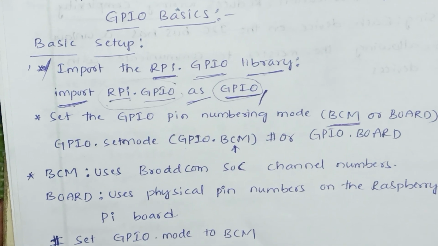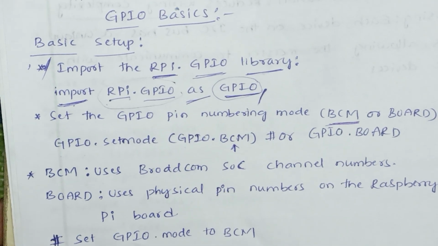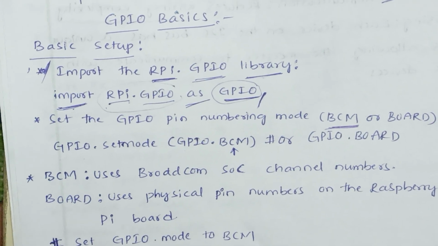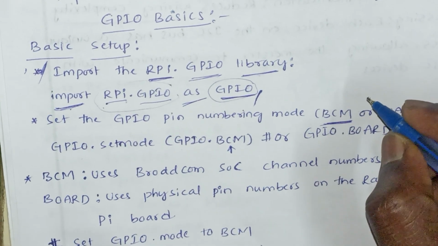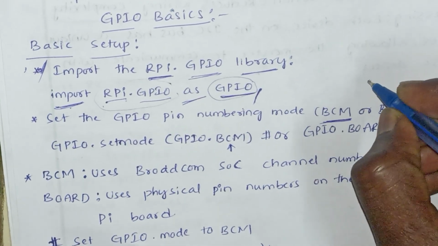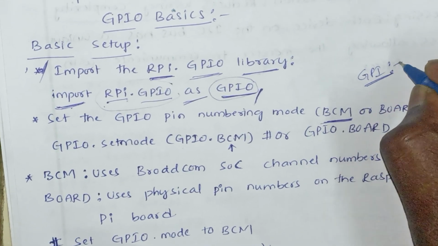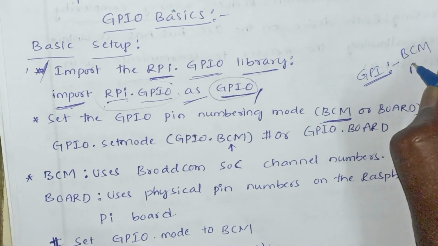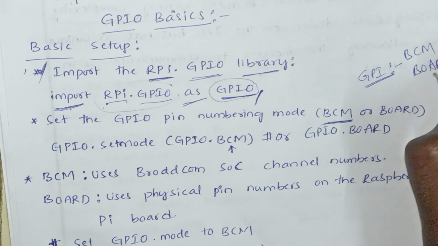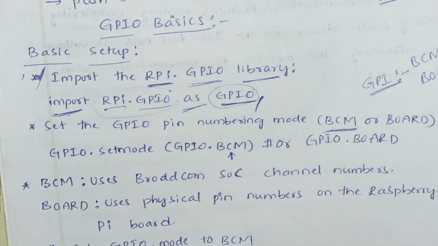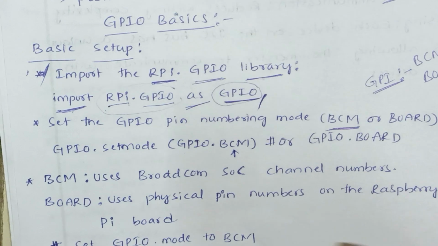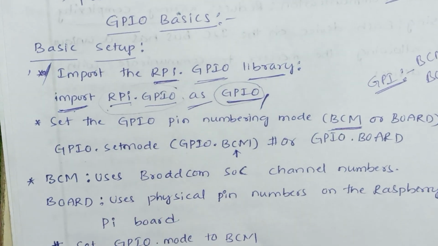BCM mode is nothing but the Broadcom socket channel numbers. I told you already just before that we have some GPIO numbers, right? This is based on two types, BCM and BOARD. These are two different types. We are using BCM here. Okay, what does BCM mean? It is a channel number.